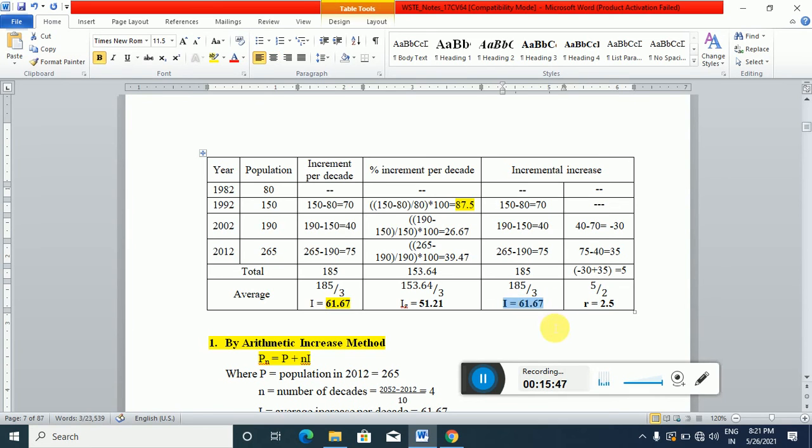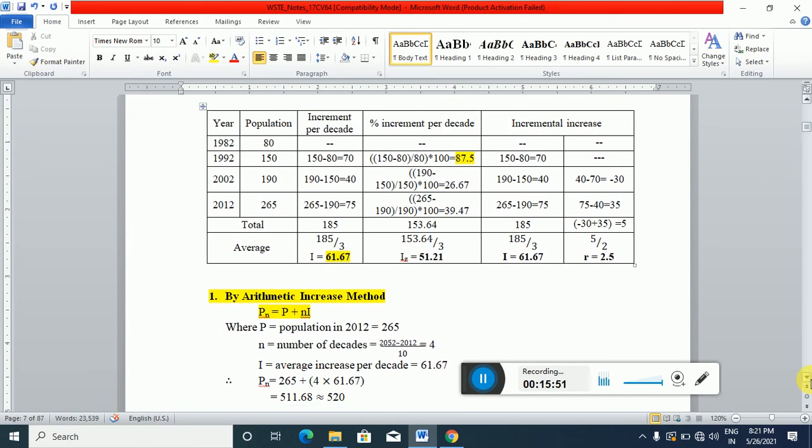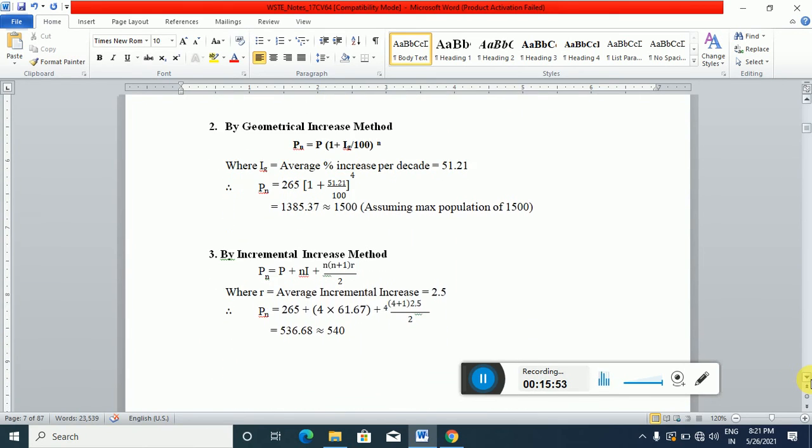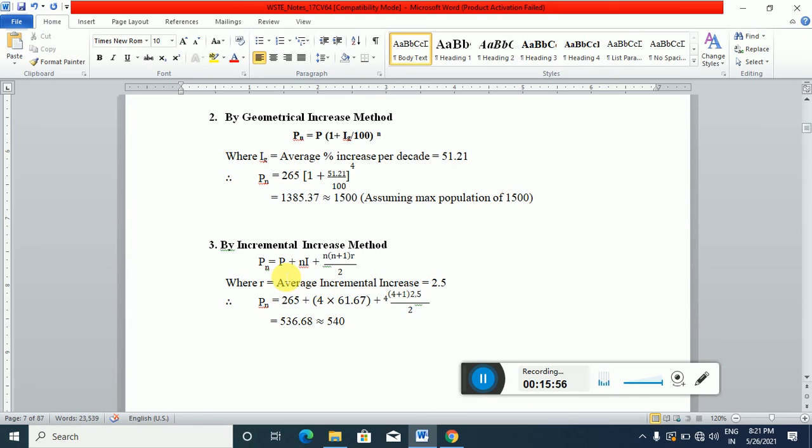So we need both the values of I and R to use in the incremental increase method formula. It is given by Pn is equal to P plus N into I plus N into N plus 1 into R divided by 2.